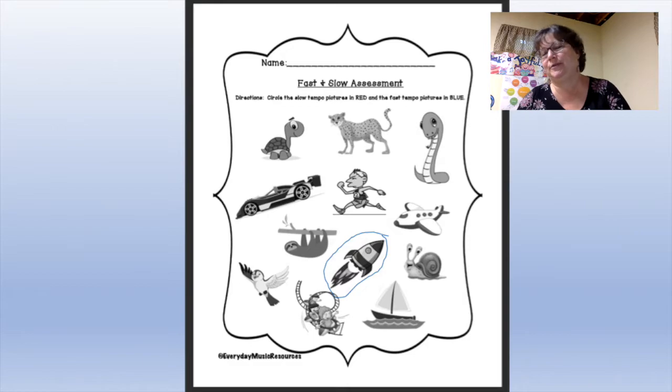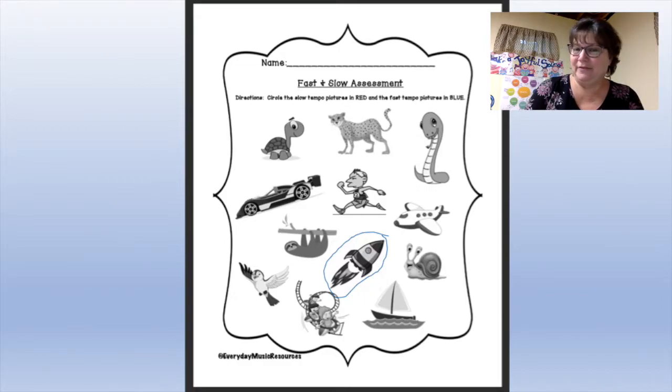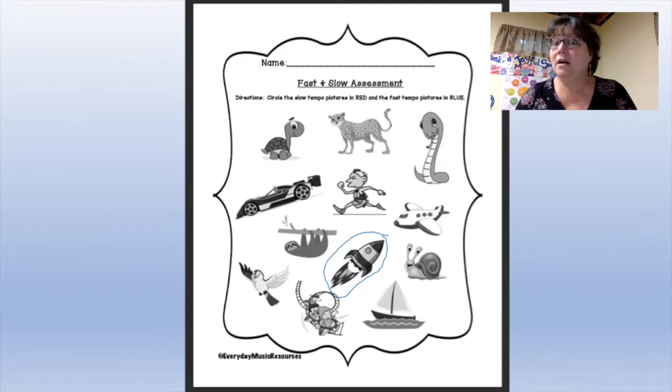Oh, I'm sure you know this next one. This next one is like Gary, if you've ever seen Gary from SpongeBob. I don't know if you describe him as slow or fast, but most snails are slow. That's right. So they move at a slow tempo, which is why I circled him in red.